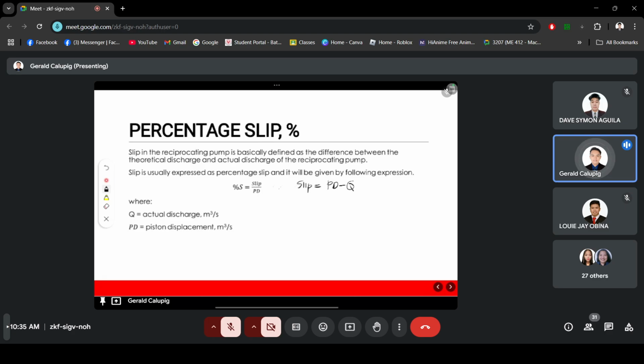Okay. So our percent slip is equal to what? Slip is usually expressed as percent slip, and it will be given by the following expression.